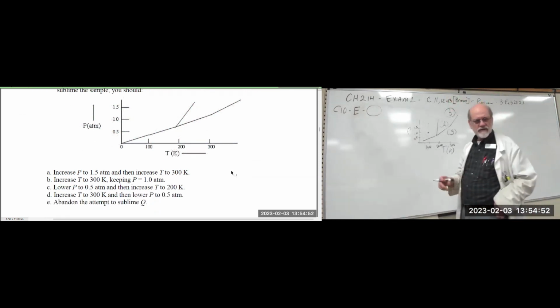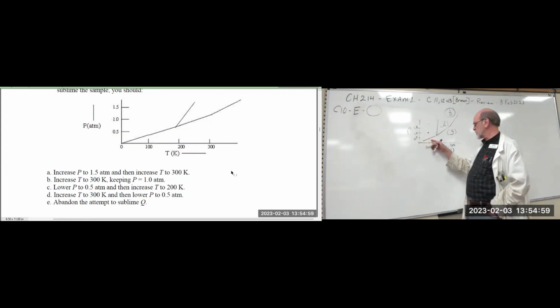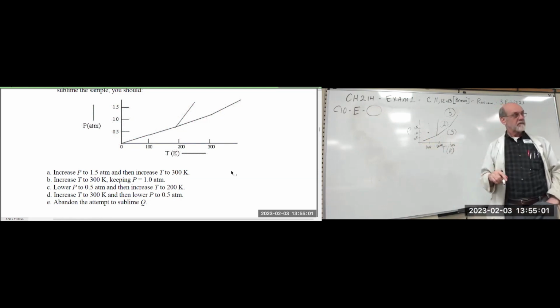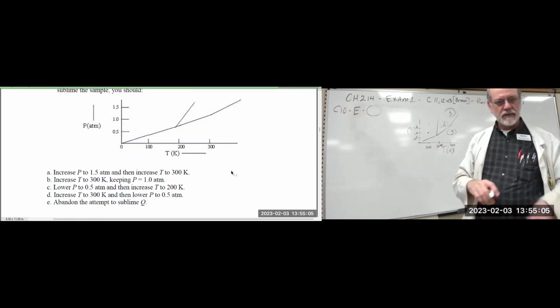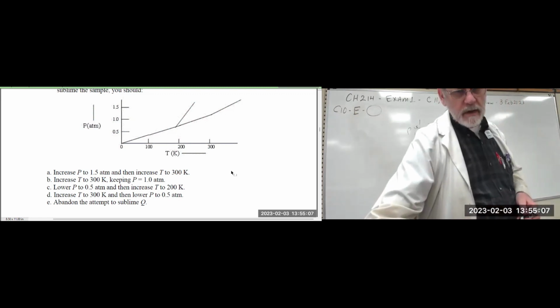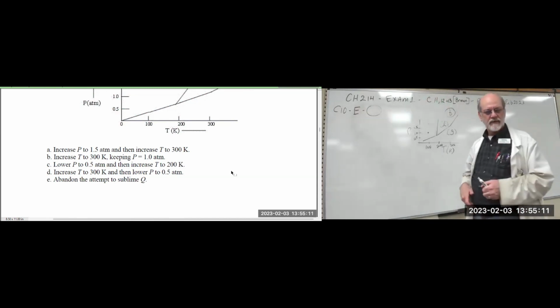C says lower the pressure to a half an atmosphere and then increase temperature to 200. That would do it. That would sublime the sample. So C, yeah, C is the best answer for that one.